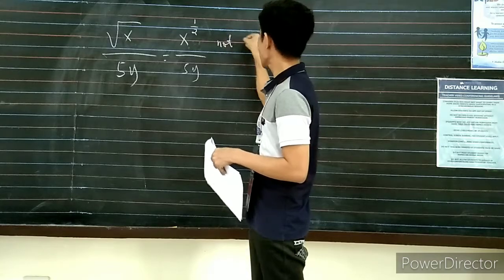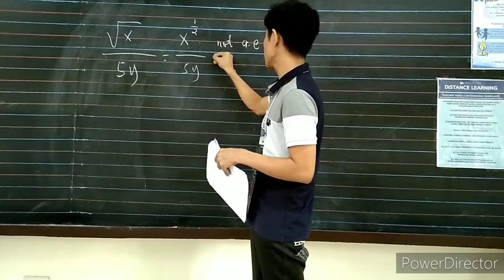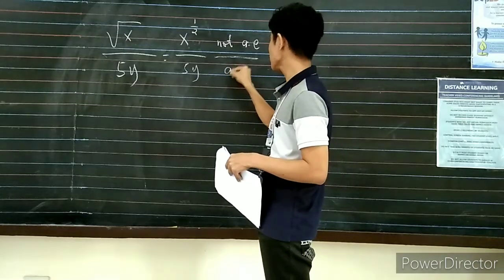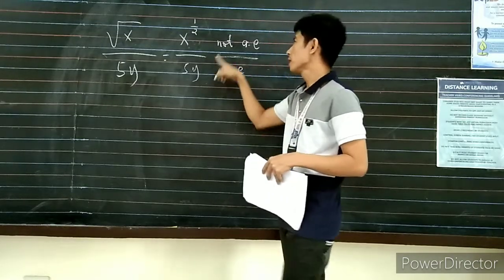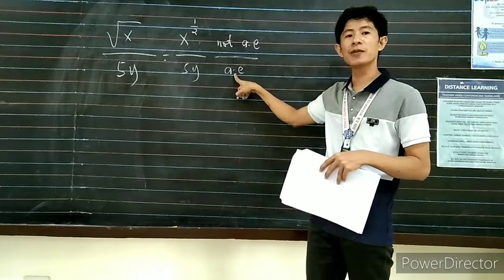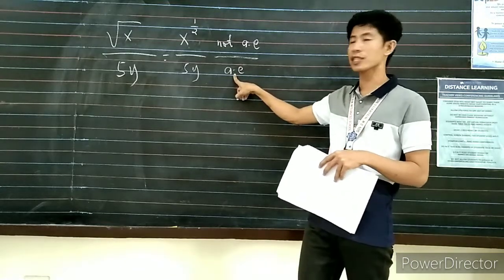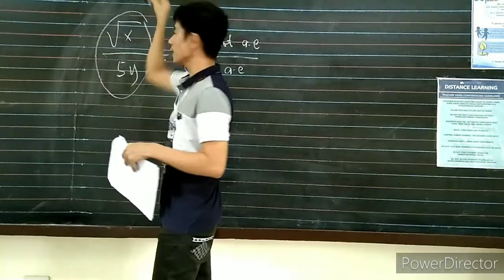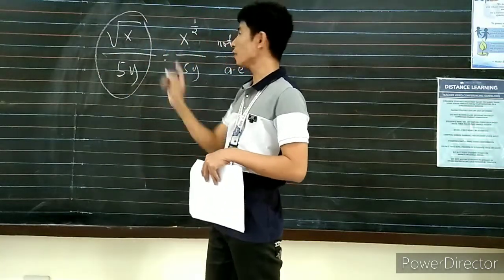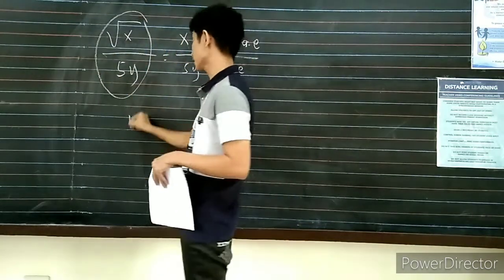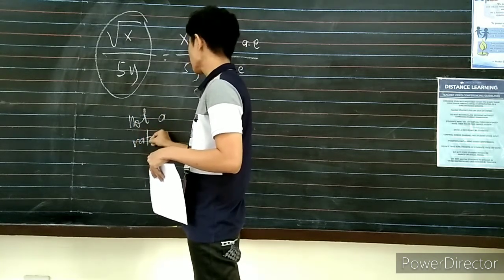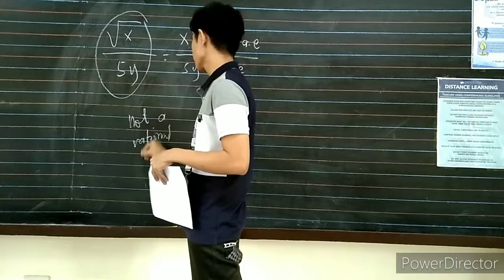The denominator is, of course, an algebraic expression. So this does not meet the definition of rational algebraic expression. Therefore, the given square root of x over 5y is not a rational algebraic expression.